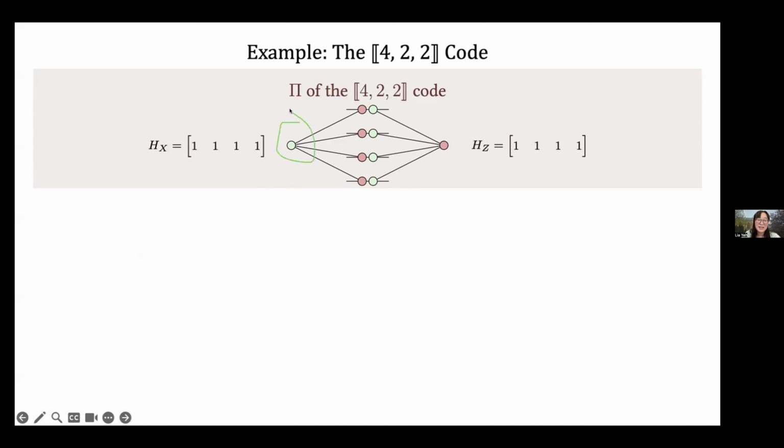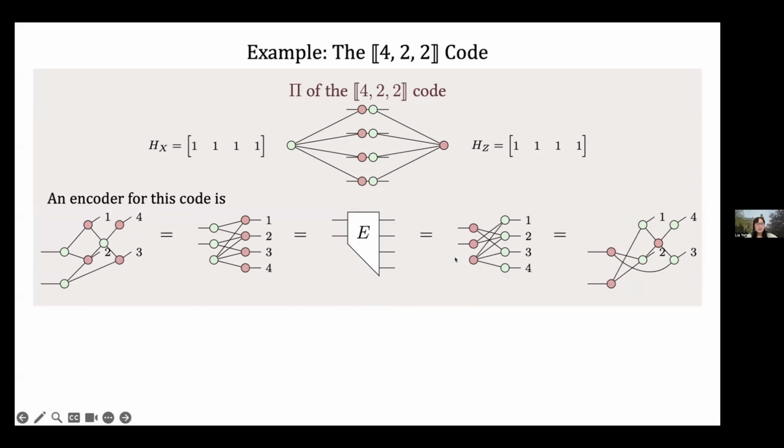It's called an X measurement because a Z spider is stabilized by doing Pauli X on all the legs, so X here and on the other 4 legs, because it's a GHZ state. And there's also a weight 4 Z-type stabilizer generator. So that's it for the tensor graph of the code space projector of the 422 code.